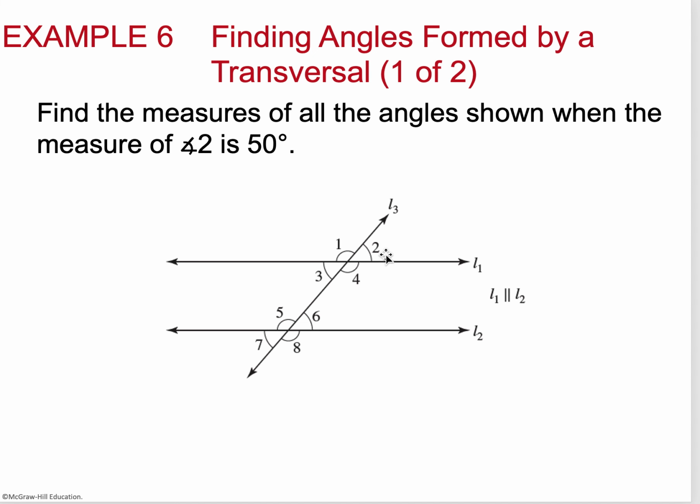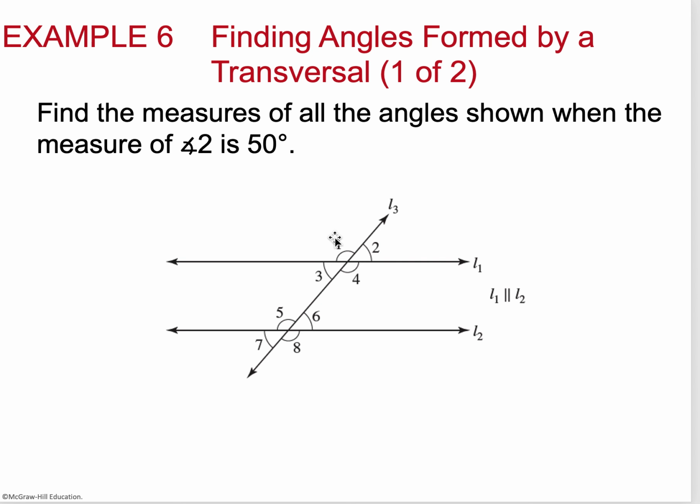So it's important to remember that 1 and 2 are going to be supplementary angles because they're on a straight line. If angle 2 is 50 degrees, I'm going to do 180 minus 50 is 130. So therefore angle 1 is 130 degrees.